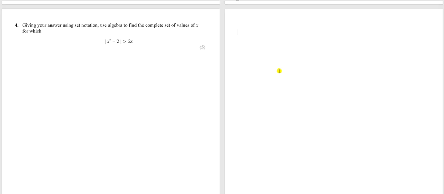Now, the first thing to notice when you're dealing with a modulus function problem, particularly if you need to solve equations involving this, is that the modulus of a function, whatever the function is, always equals either the function itself, provided the function is non-negative, or it'll be equal to the negative of the function, and that happens when the function gives a negative value itself.